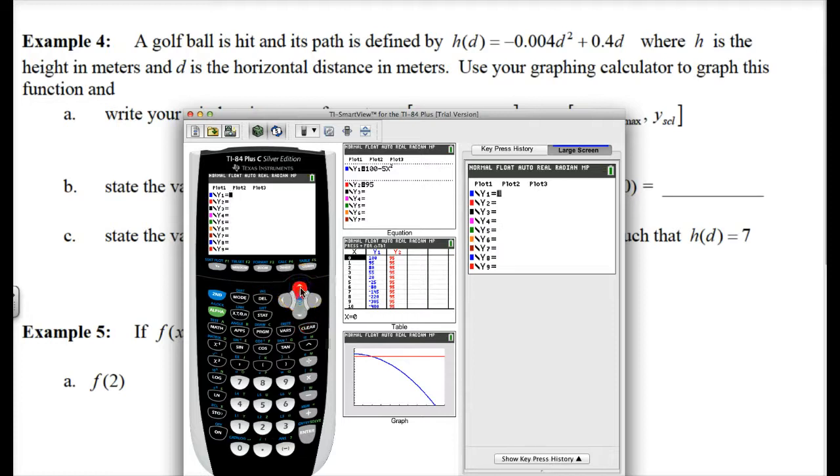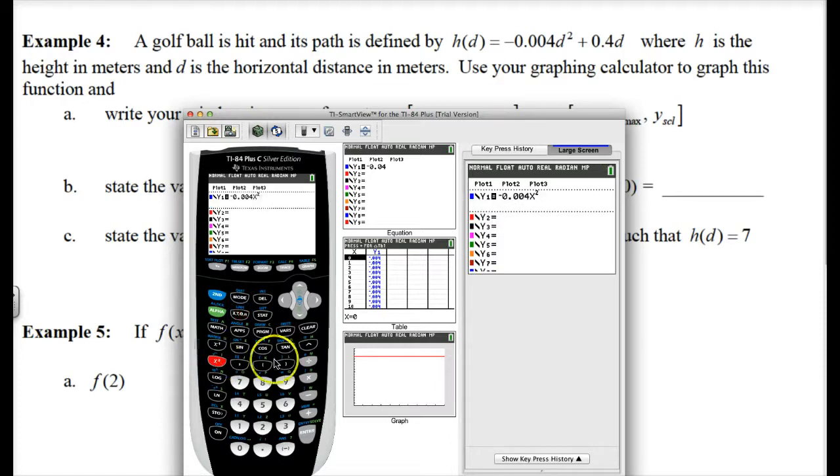Go back here and let's type in the value. -0.004 x squared plus 0.4 x. So there's my graph.